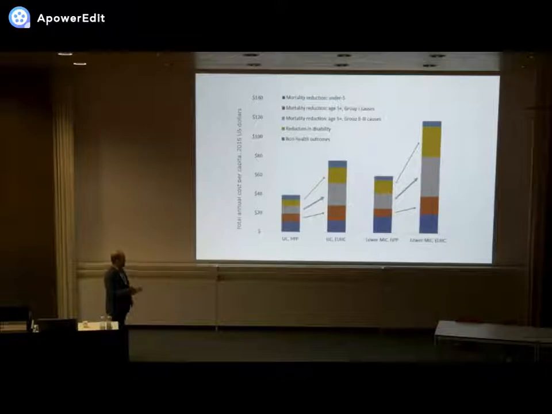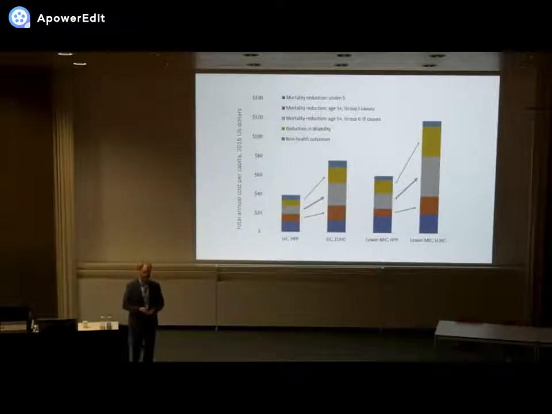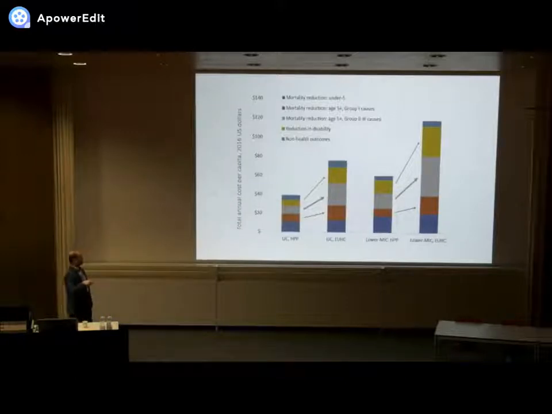And you can see that for low-income countries and for lower middle-income countries, as you expand from a more focused package to a more ambitious package, where the resource constraints and cost-effectiveness constraints are less, you have more relative investment, both in the absolute numbers and in the share of, in particular, non-communicable disease mortality reduction.